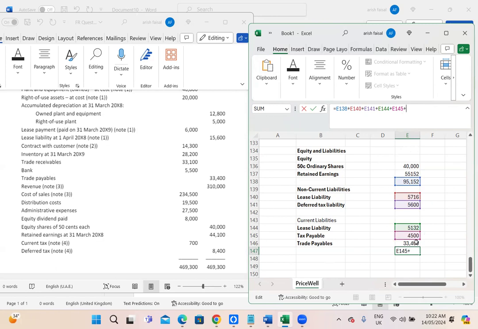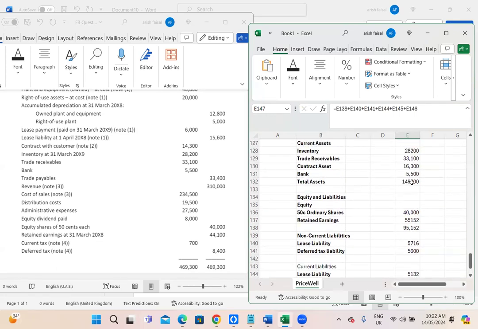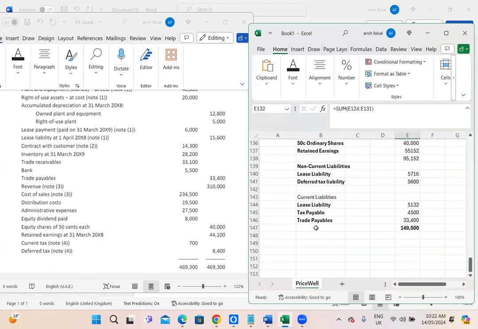That's fine. We just add this and that's it. And we got 149,500, which is balanced in this case. So that's my total equity and liabilities.